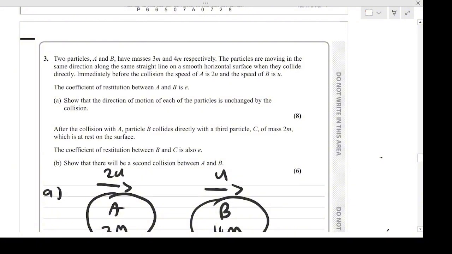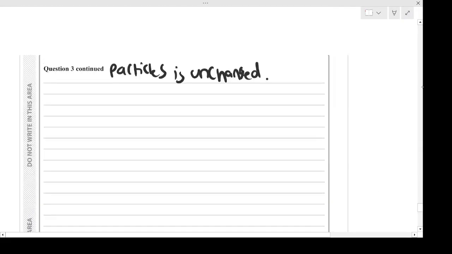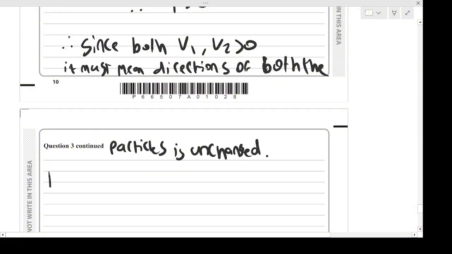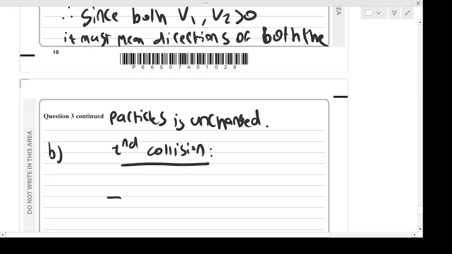So essentially we now need to consider this next collision between B and C. So if I draw that out, I consider B and C now, so my second collision, which is between B and C.